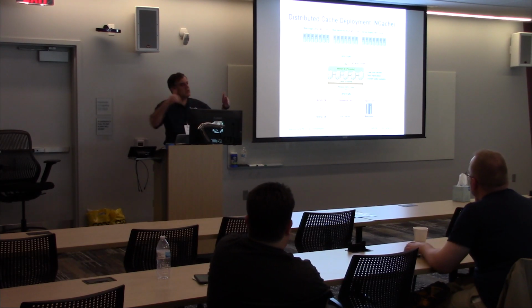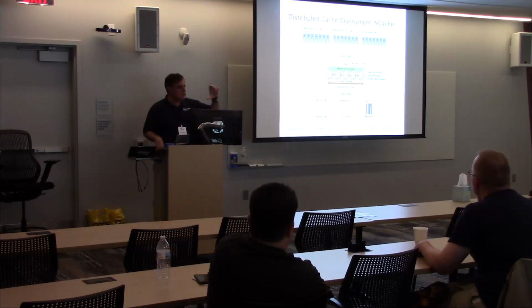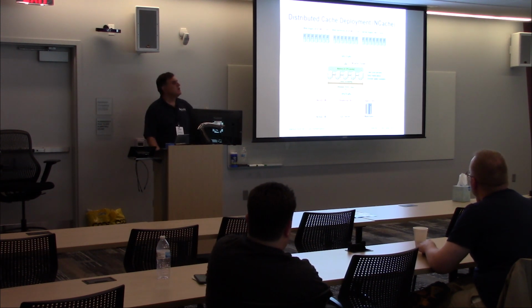You don't want to keep it across multiple hops, because then the latency becomes quite noticeable. The performance drops by about 5 times if you go across multiple hops. So we recommend to our customers to keep the cache as close to your application as possible. Did that answer your question?